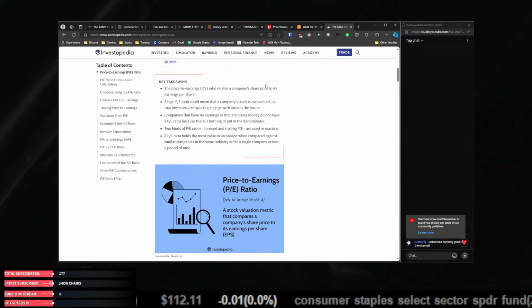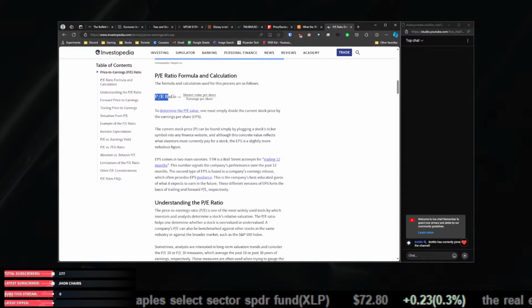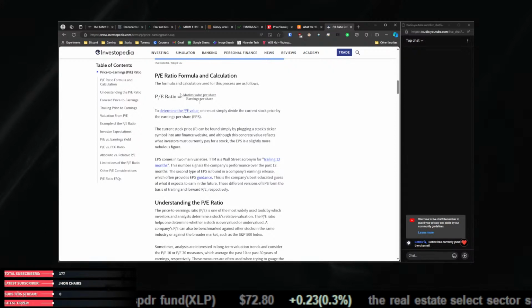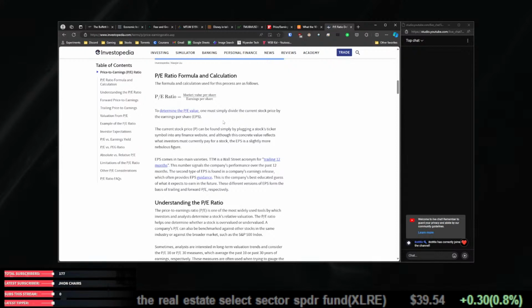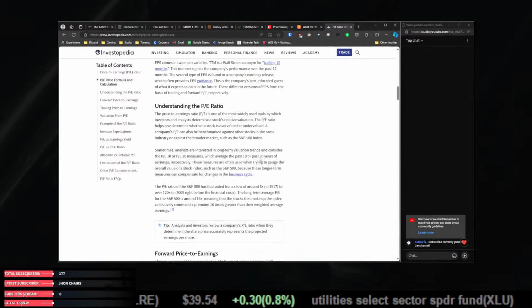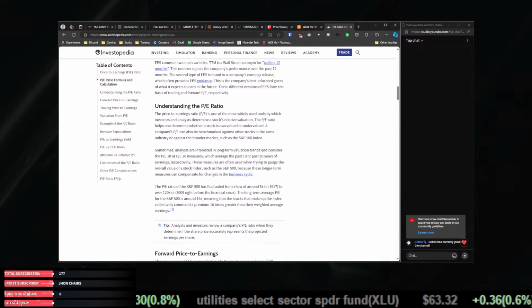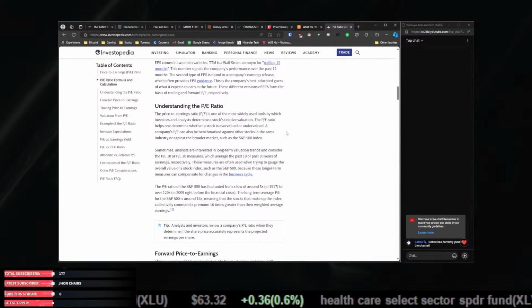All right, pretty self-explanatory. Here's the calculation if you ever want to know. It's market value per share over earnings per share. Pretty simple, not too complicated of a formula.